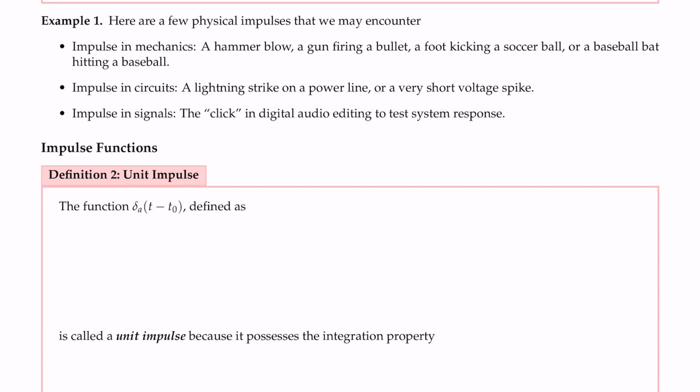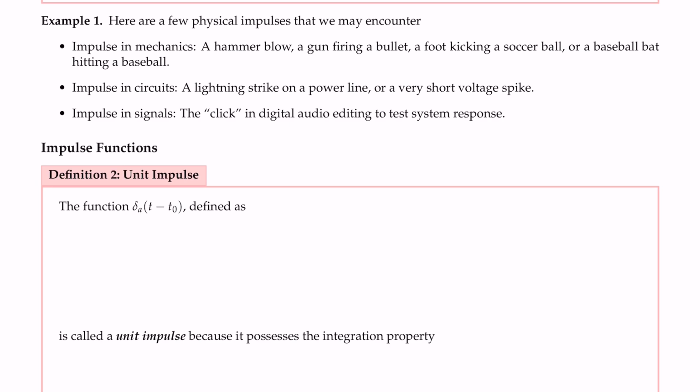This is a function in terms of t. The t minus t0 means that you translate or shift it to the right by t sub 0 units. The value of a will indicate the interval that you are dealing with. You will see the setup in a minute, and that is the impulse function.